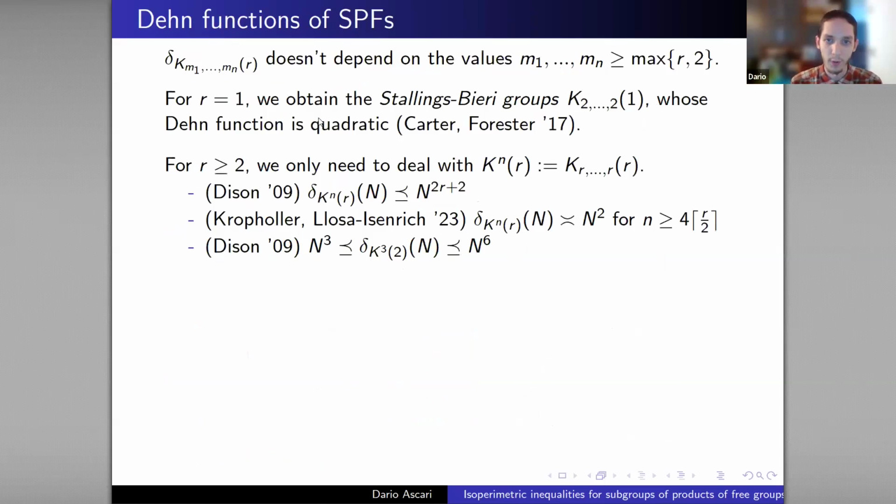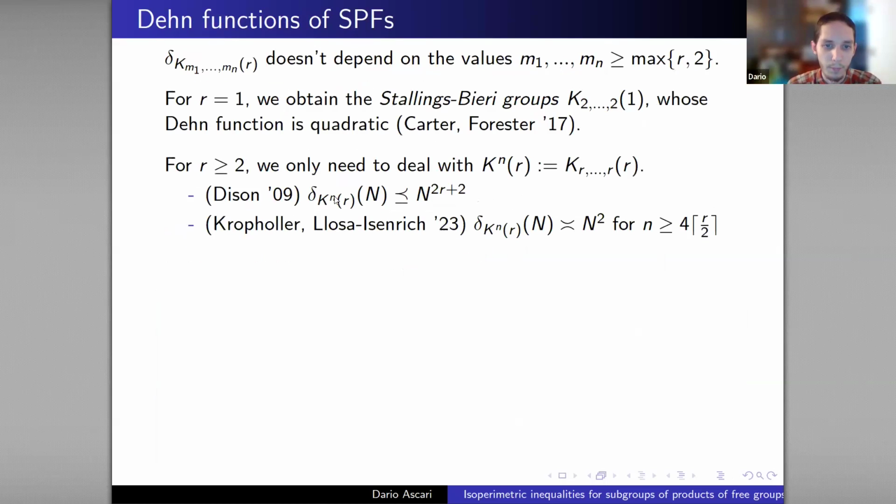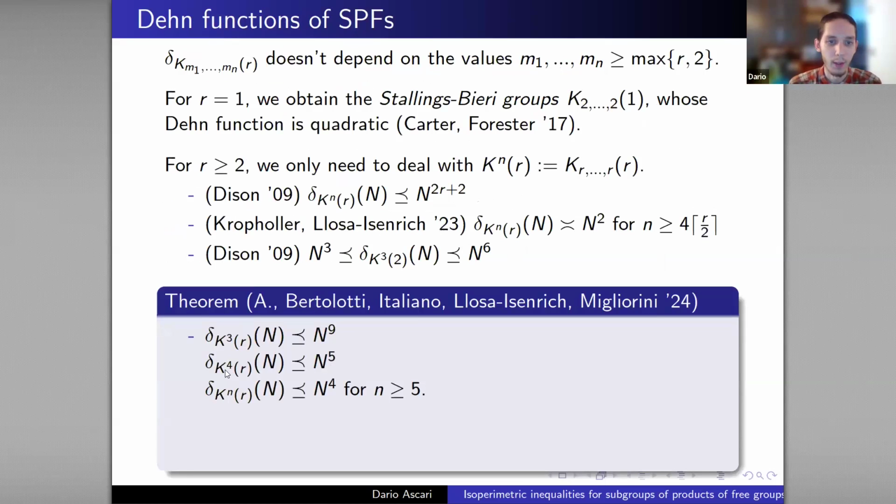We are only doing this K and R. But if you go to lower finiteness properties, you find many more subgroups, and we don't know about their Dehn functions. And we don't even know the presentations. I see. Thank you.